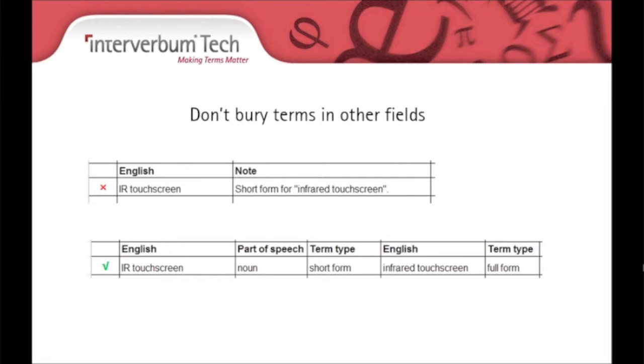Okay, so we can see that here we have IR touchscreen, part of speech noun, and then I've added a term type column because we have two terms on the same row and they're differentiated by their form. The infrared touchscreen is the full form, and it says in the note that the IR touchscreen is a short form. So it helps to capture that information in the term type column.